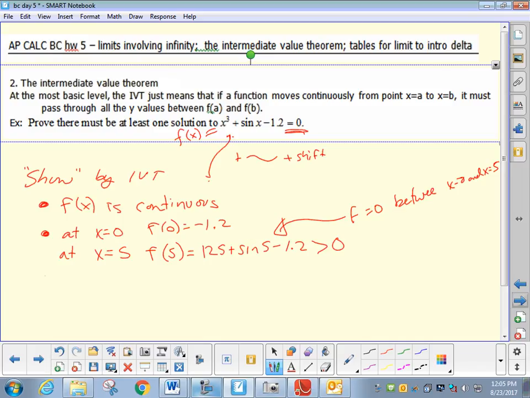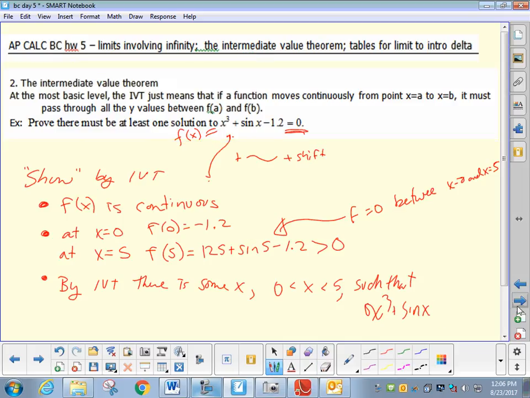Now the conclusion. This really amounts to just me stating the answer to the question and citing the IVT as my justification. So something like, by IVT, there is some x, and by my reasoning, where is that x? Between 0 and 5, such that, state the question, x cubed plus sine of x minus 1.2 equals 0.